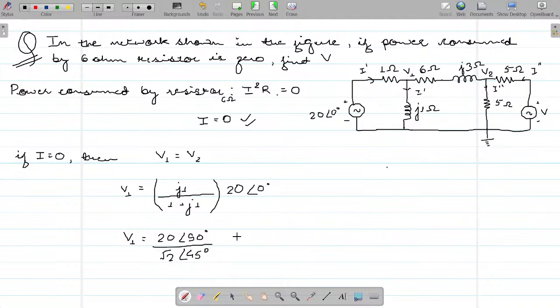Simple mathematics that we have done in our 10th, probably even 12th standards: conversion of rectangular coordinates to polar coordinates. Can I write this as 10 root 2 angle 45 degrees? This will be your V1.